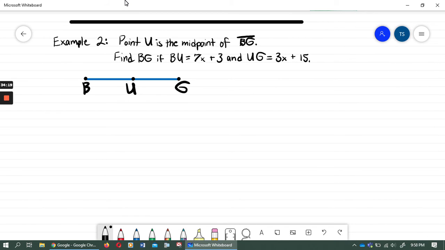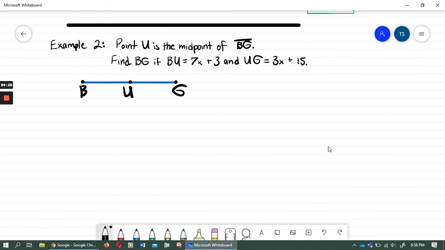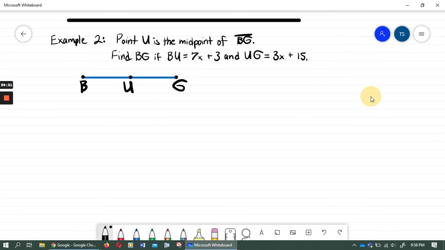Folks, again, it says point U is the midpoint of segment BG. When you see that point U, what did I tell you in our little FYI? Do not assume that a point is a midpoint of a segment just because it looks like it. It might look like point U bisects this segment, splitting it into two congruent parts.